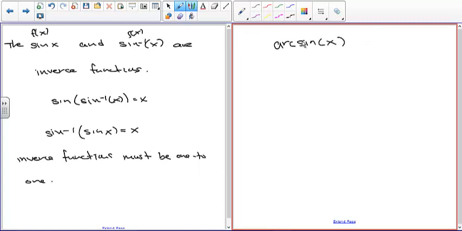So now we're going to derive how you come up with the derivative for the arc sine. And what you do is you use a right triangle. So we're going to have a right triangle.